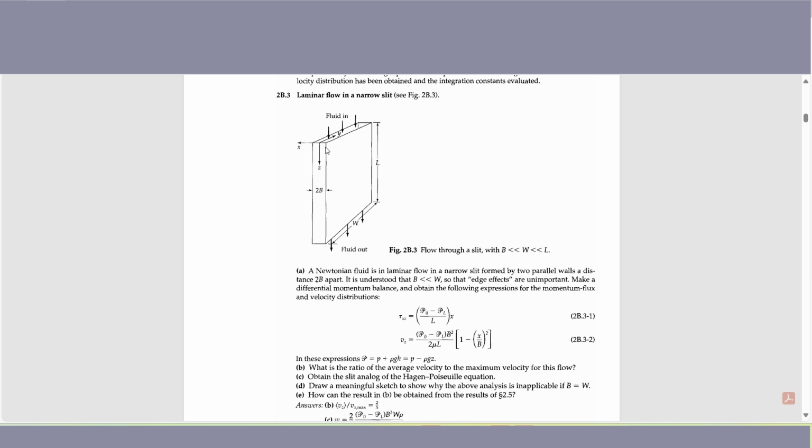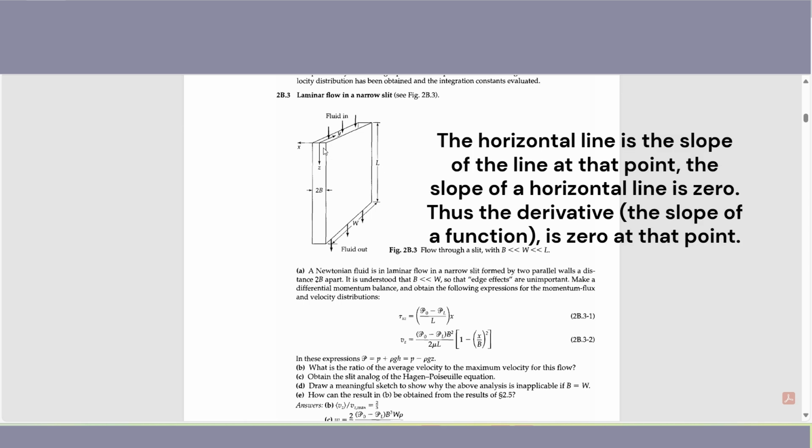It's going to be highest in the middle, farthest away from each wall. So the derivative of that is going to be a horizontal line at the maximum, which is x equals 0, and the value of a horizontal line's slope is going to be 0.